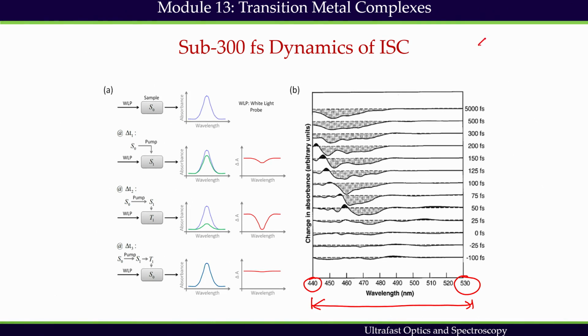So, 475 nanometer was used to excite this ruthenium complex to the singlet metal to ligand charge transfer state, and then as a function of time the absorption is monitored.